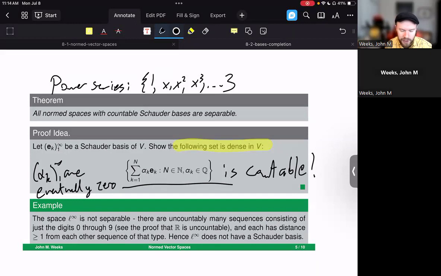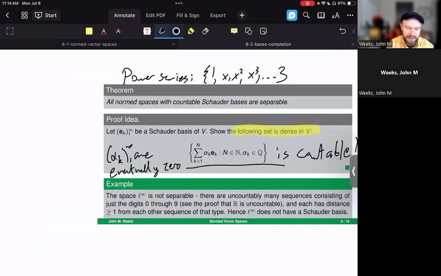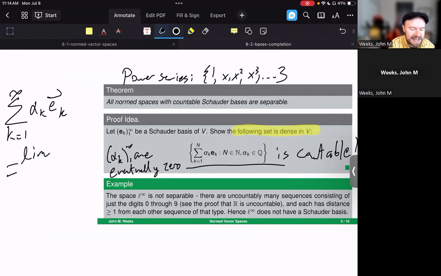And I have good news for you. Every infinite sum can be approached by a finite sum. What does it mean to take the sum as k goes from 1 to infinity of alpha sub k times e sub k? Well, what that means is, to put infinity here as the sum is to say that this is a limit of its finite sums. That this is the limit as n goes to infinity of the sum as k goes from 1 to n of alpha sub k e sub k.